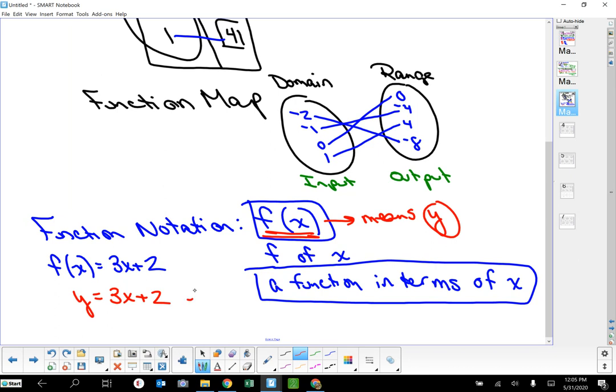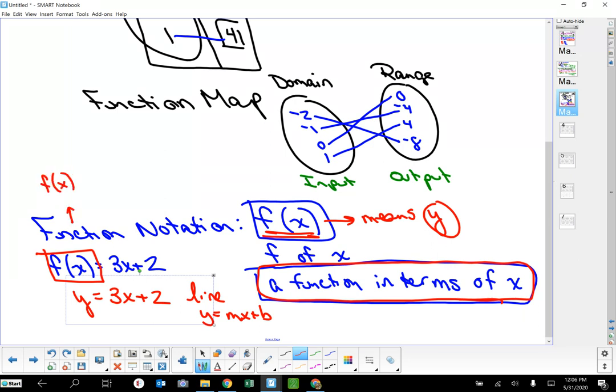And you should know that that's a line in the form of y equals mx plus b, right? So you can always replace an f of x with a y. That is something that I'll talk about as we go back through function notation. And just the actual notation, f of x is f parentheses x. So you can take the word function and just do that in math instead of writing out function notation.